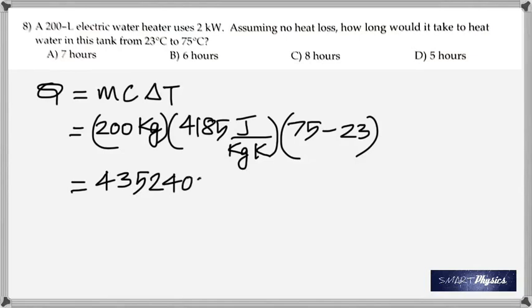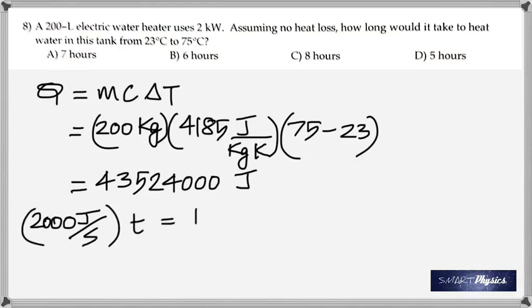Get 43,524 followed by 3 zeros joules. Now this water heater is capable of producing a power of 2 kilowatts, which is 2000 watts, which is 2000 joule per second. That's why I've written it as 2000 joules per second multiplied by T. Okay, which is what we're trying to find out, the time.